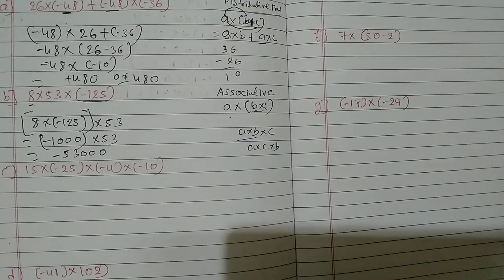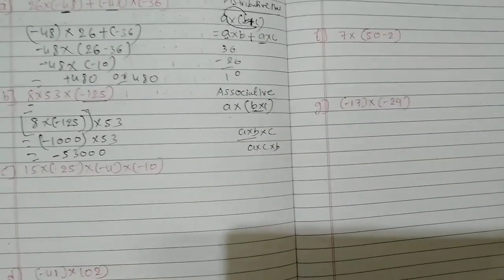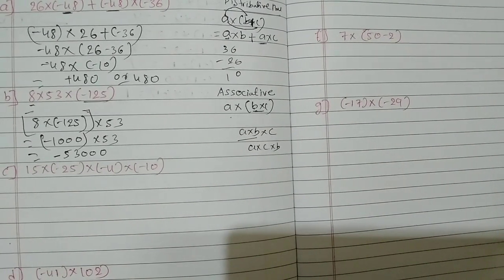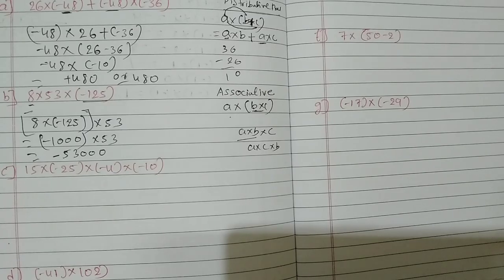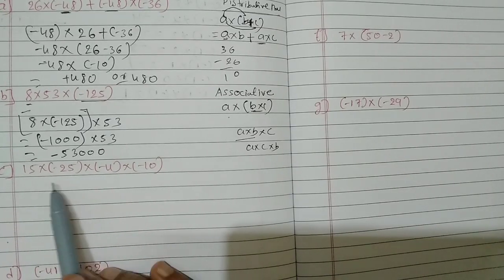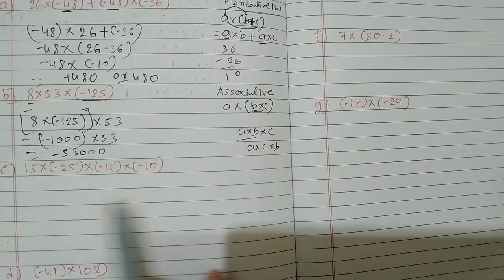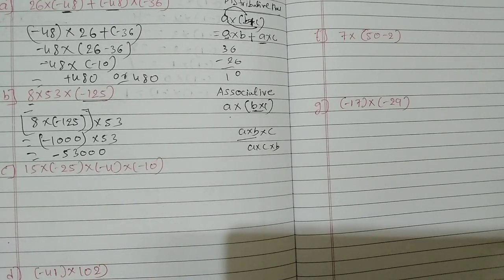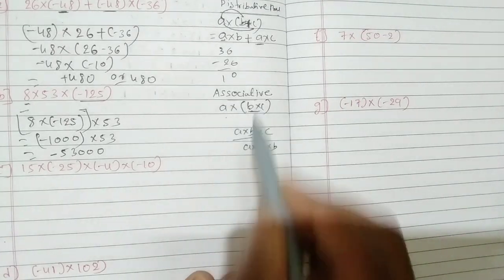It is 15 into minus 25 into minus 4 into minus 10. See here in this example, there are 4 factors, or 4 integers. So how can we solve this? It is also under the associative property.